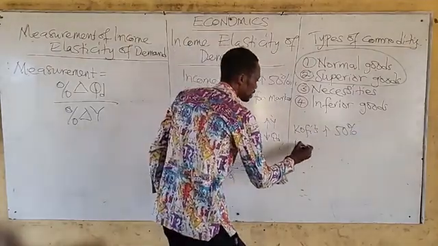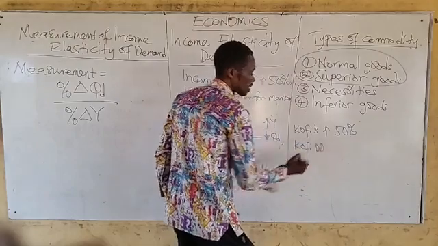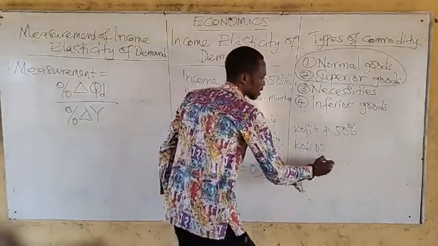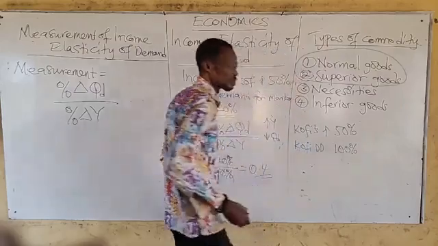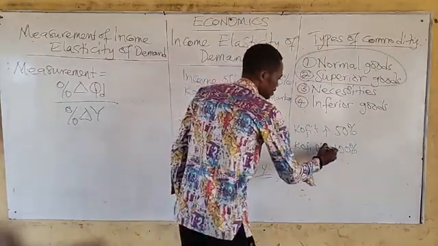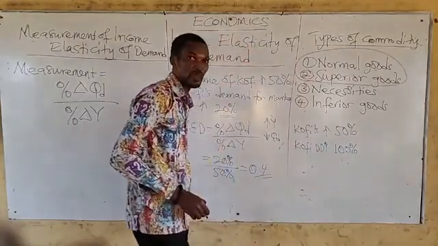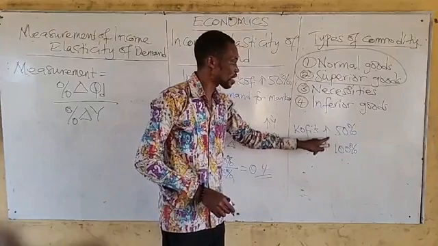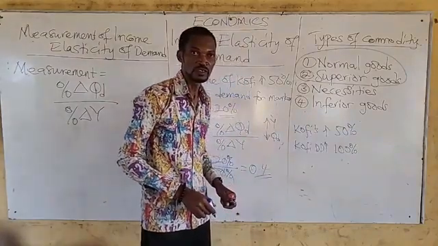But Kofi's demand, DD for the demand, also increased, alright, but the increase in the demand is about 100%. Okay? It has increased, the demand has increased, but it has gone up by 100%. That means the percentage increase in the demand is greater than the percentage increase in the income of Kofi.